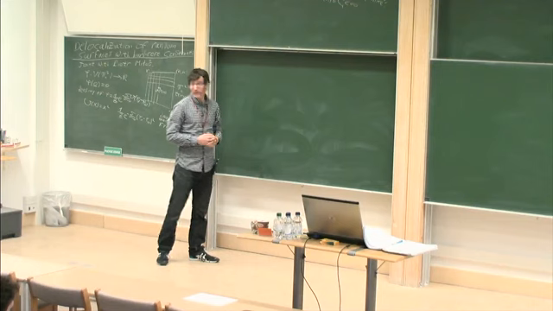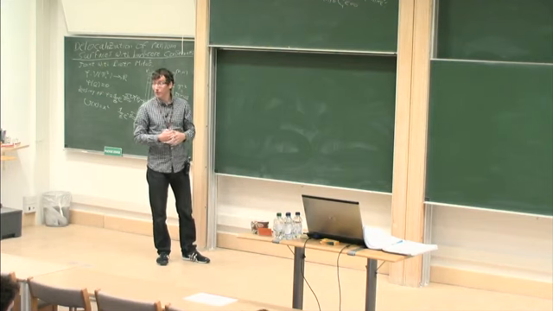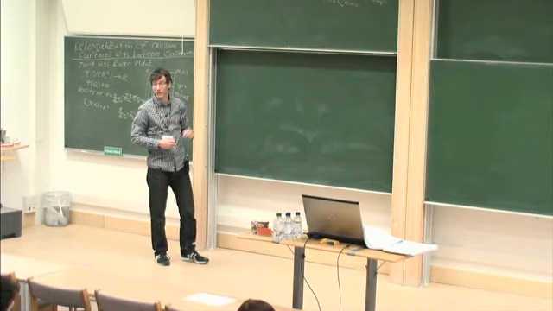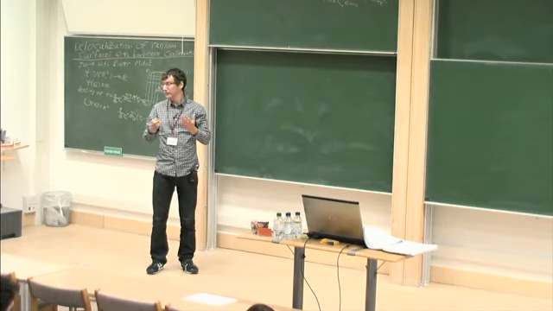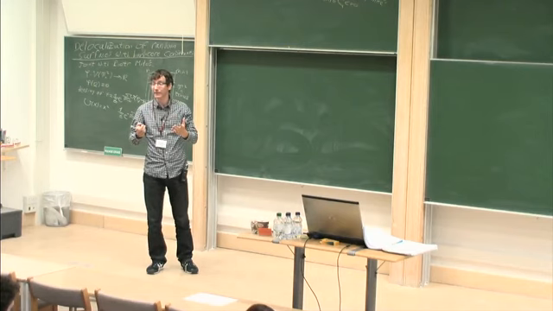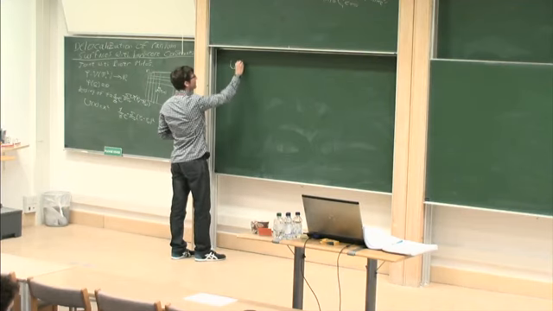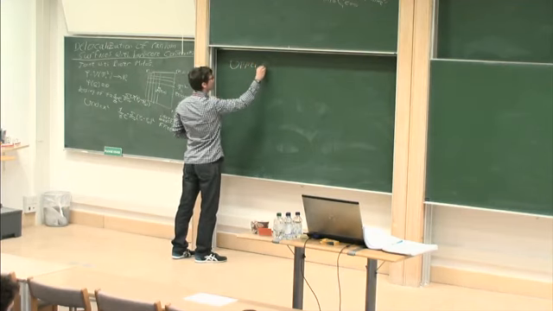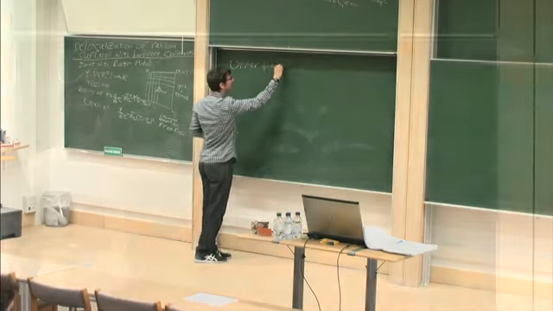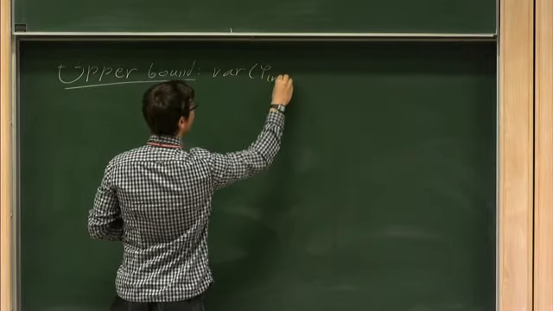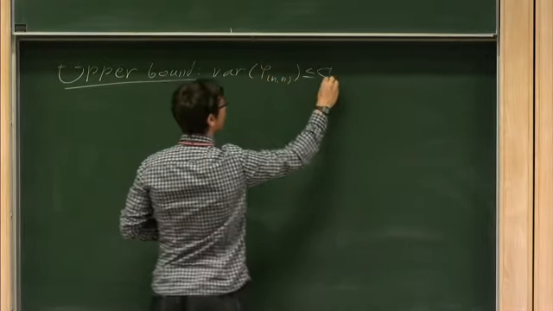Okay, just to exemplify the situation for other models, when I talk about showing that the variance is of order log n, I have in mind two things: to show an upper bound of log n and a lower bound of log n. Regarding the upper bound, by this I mean that the variance of phi at n is less than some constant times log n.